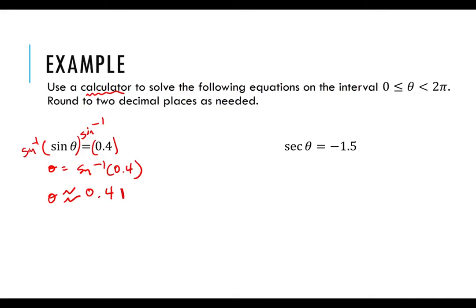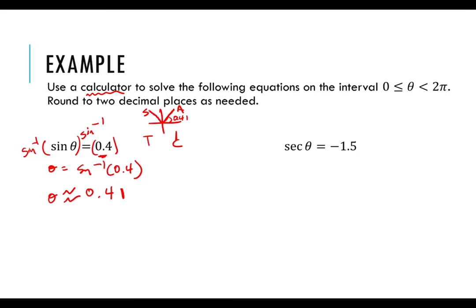But be careful. Although sine inverse only gives one solution, that is 0.41, the equation sine of theta equal to 0.4 will actually have at least 2 solutions between 0 and 2 pi. And so remember that all students take classes. Note that this is positive, which means that we're going to be in the first quadrant. So the first quadrant has a rotation angle of 0.41. But we're also going to have to deal with the other places where sine is positive.